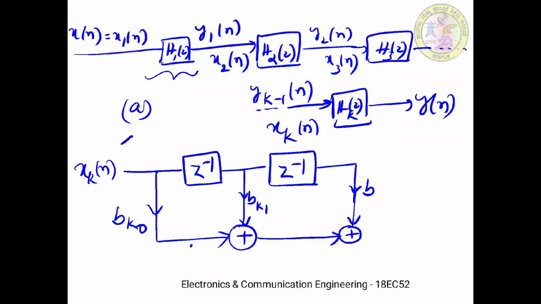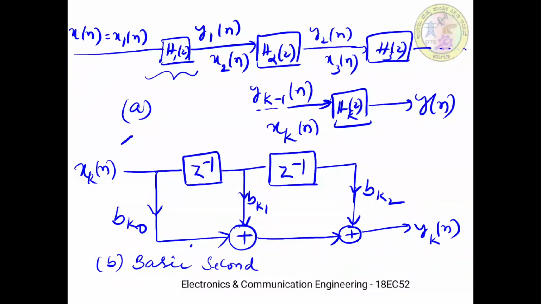At the same time the delayed signal is multiplied by bk2, and here we are going to get yk of n. So this figure B is nothing but the basic second order section.